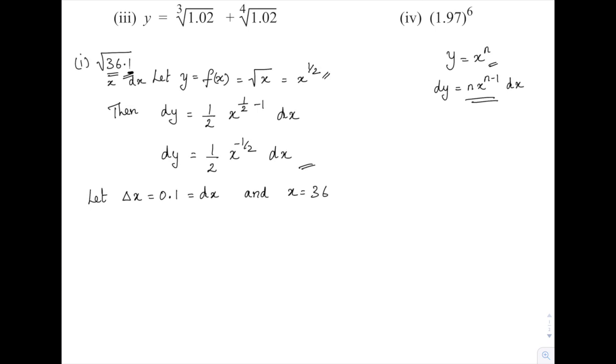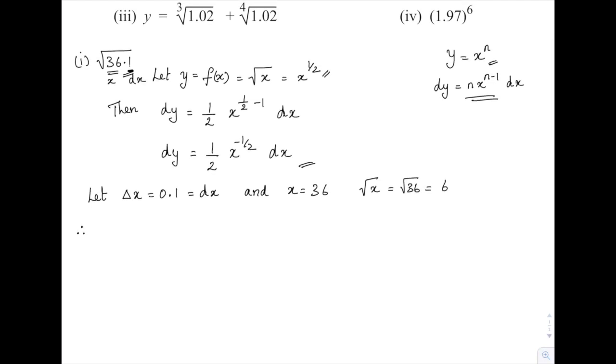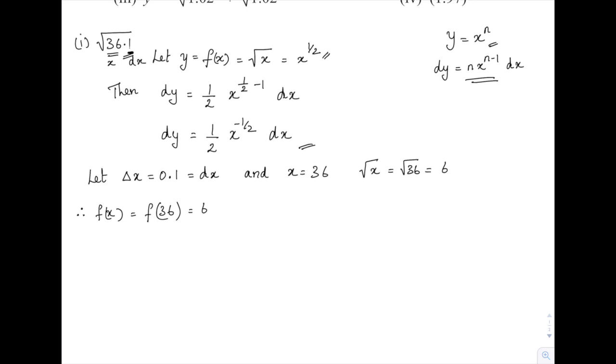Root of x is equal to root of 36, which is equal to 6. Therefore f of x is equal to f of 36, which is equal to 6. We are getting this from this one.